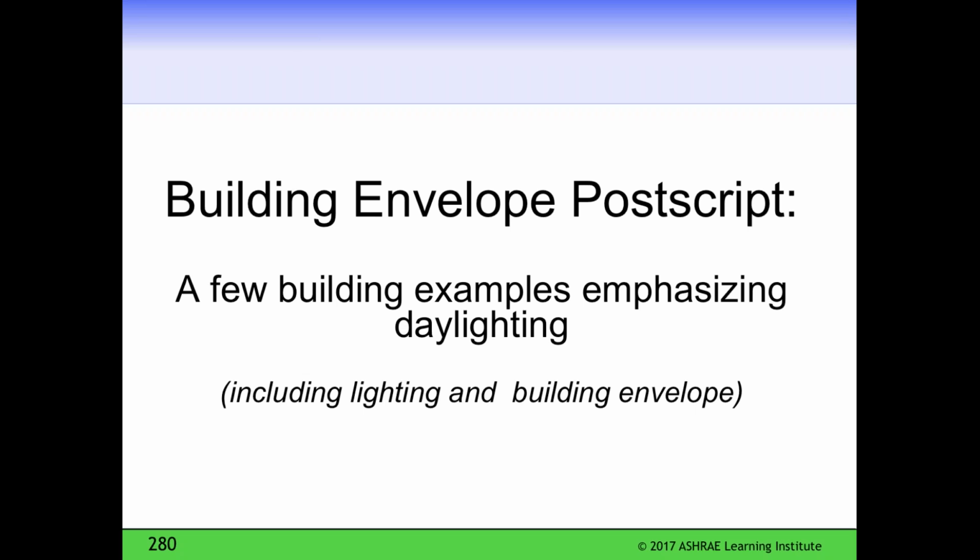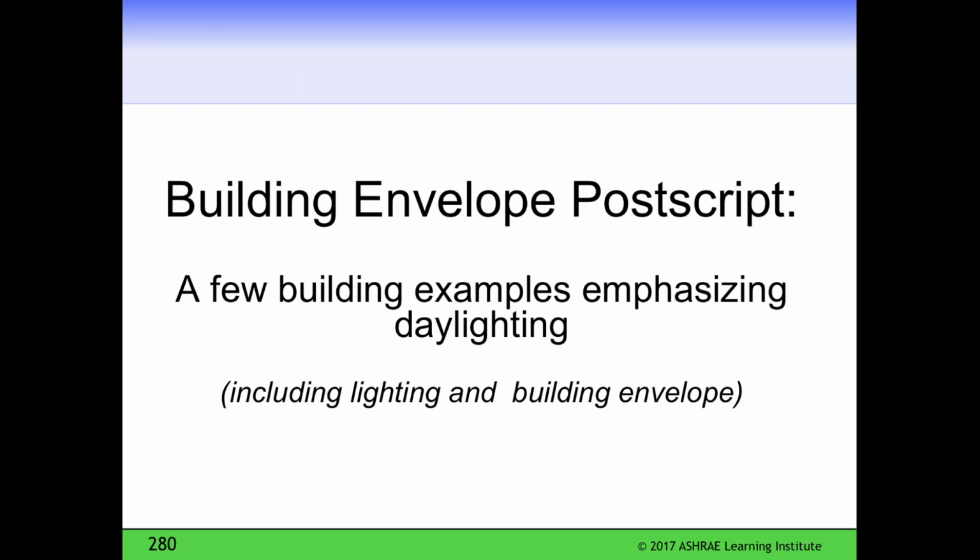So we try to do a few postscripts or appendices for your information. This is about 6 slides, 3 interesting buildings. We're shifting gears in a radical way. So we're talking about integrated design at the very earliest design stages and some of the strategies that you use relative to daylighting.